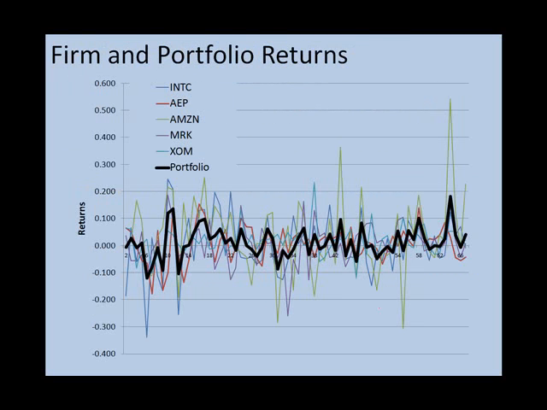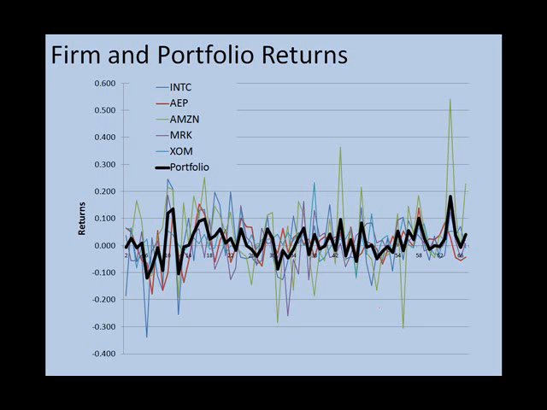We can see this risk reduction on a graph. The bold black line represents the portfolio returns, while the other lines represent the returns on each individual stock. You can see the returns on each individual stock really do bounce around a lot. We have returns as large as plus 50% and as low as minus 30%.